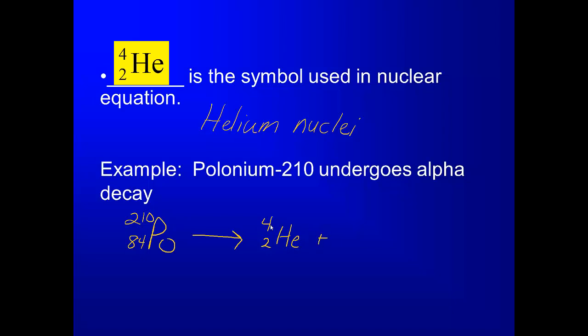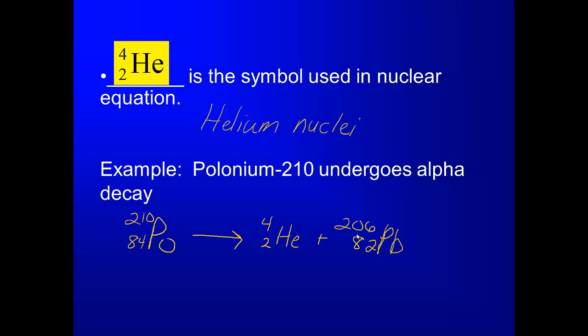What's left behind is going to be 4 lighter, so 206, and 2 protons less, 82. What element did it just turn into? From the periodic table, we can see it just turned into lead-206. It's done that to decrease this ratio and get back into that band of stability.